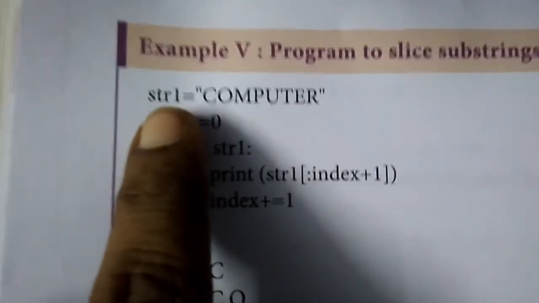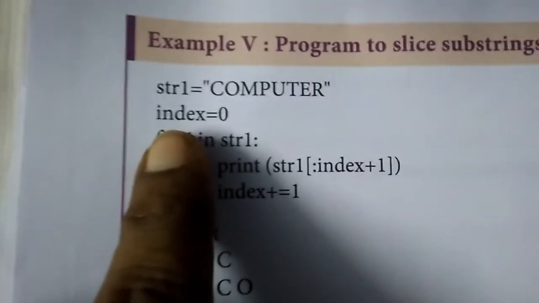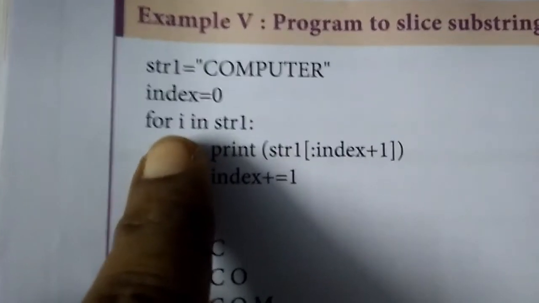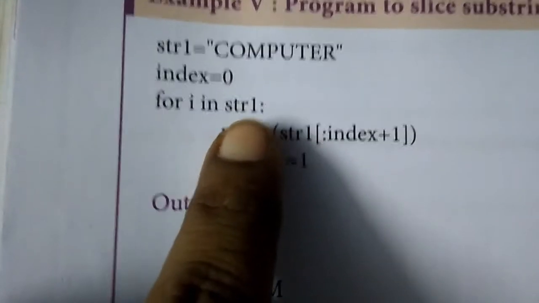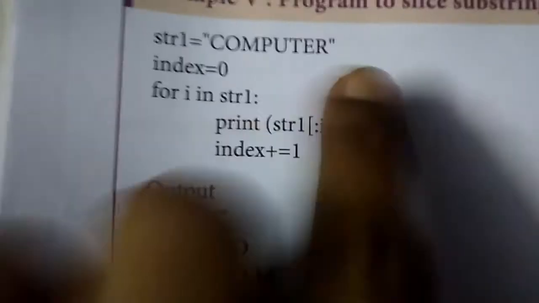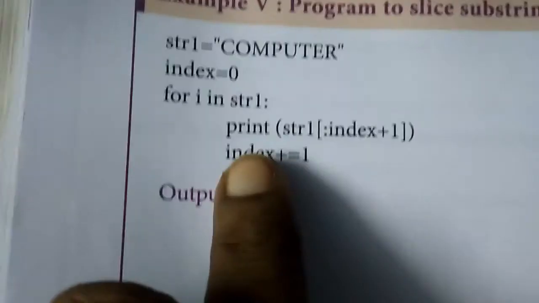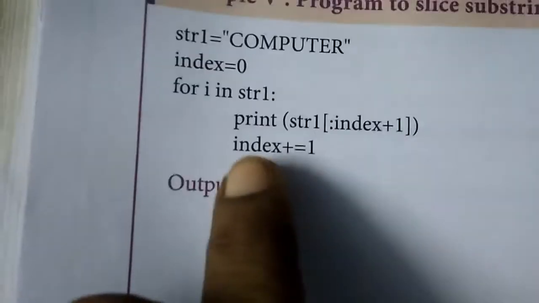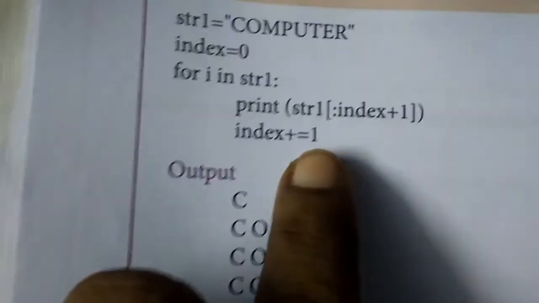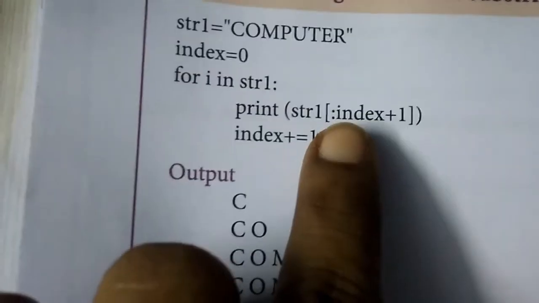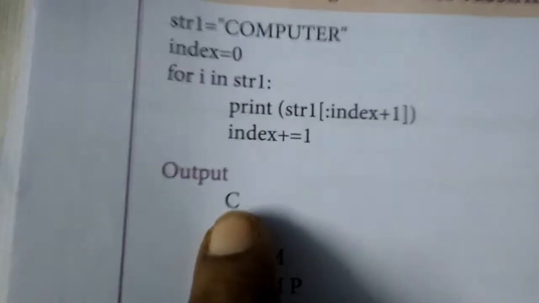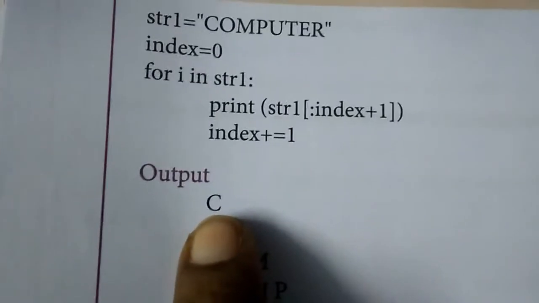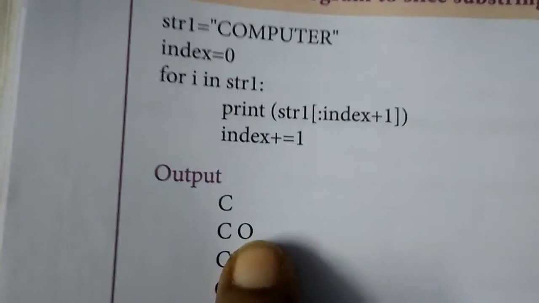I am having a string value, computer. Index value is 0. For i in string[1:], it takes the values up to R. Print string[i] and string[i+1]. So index plus 1, what will happen? First my index value will be 0, so 0 will be displayed. 0 plus 1, C and O will be displayed.